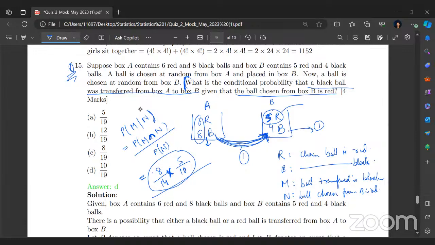So this is one possibility, that the ball that was transferred was black in color and the ball chosen is red. And you can have the possibility that the ball that was transferred was red in color, which was 6 divided by 14, and you had selected a red ball, which is 6 by 10, right? This is what you should get.